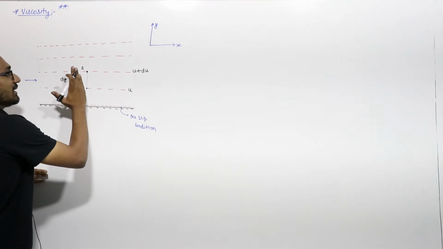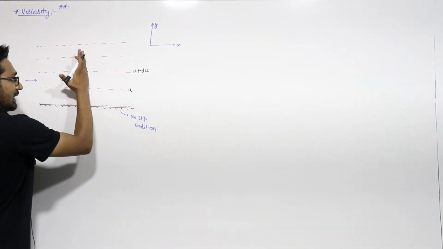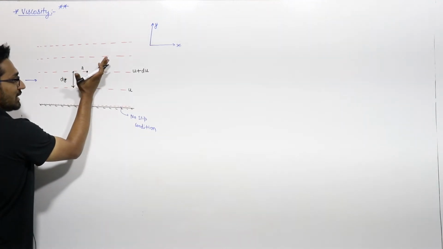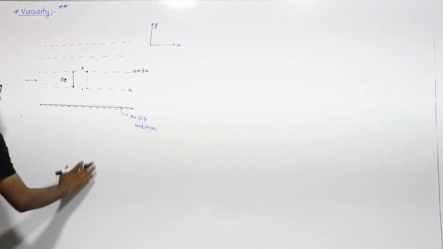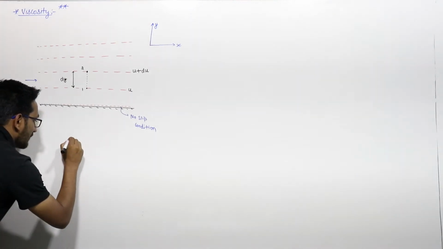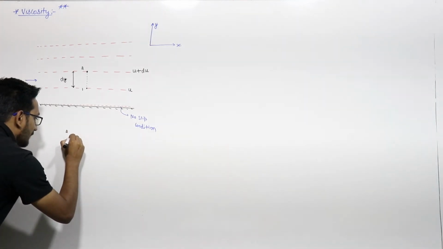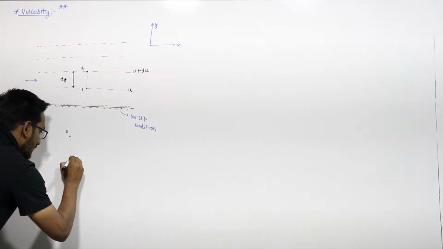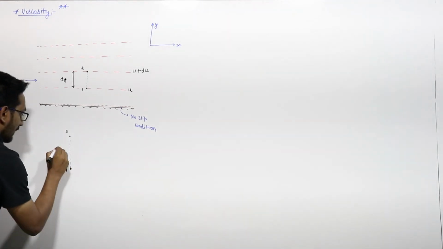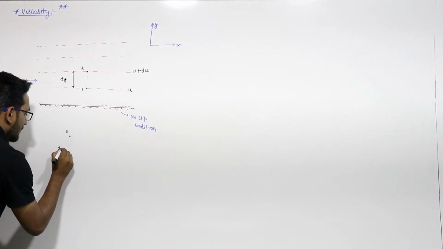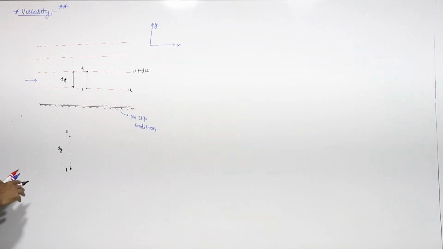Hence, if this line is vertical, then after time dt there will be some angular deformation in it. Suppose this is particle 2 and this is particle 1. Initially the distance between them is dy, at t equal to 0.